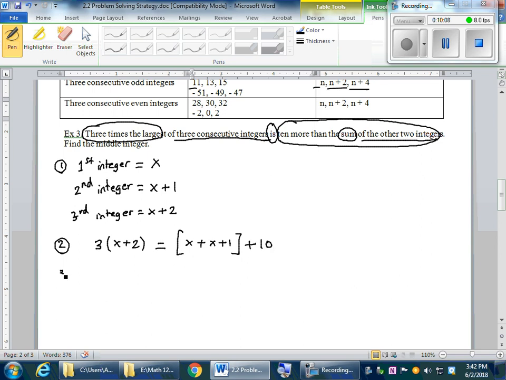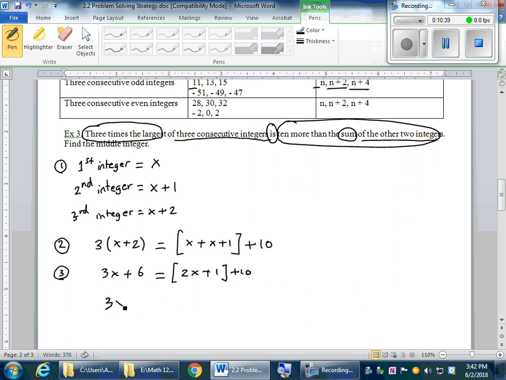Now, we're going to solve this, solving linear equations, distributing first on the left-hand side. That will give me 3x plus 6 equal to, on the right-hand side, simplify inside the parentheses, inside the brackets, and that will be 2x plus 1 plus 10.